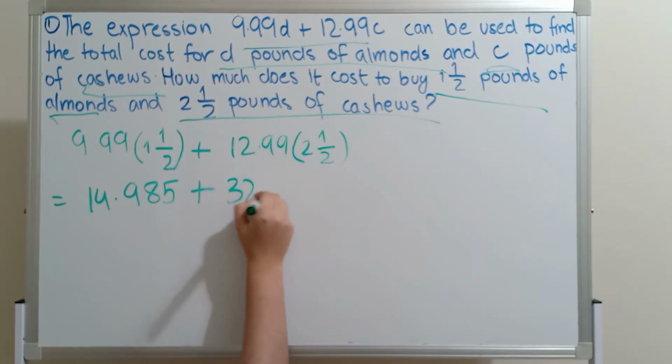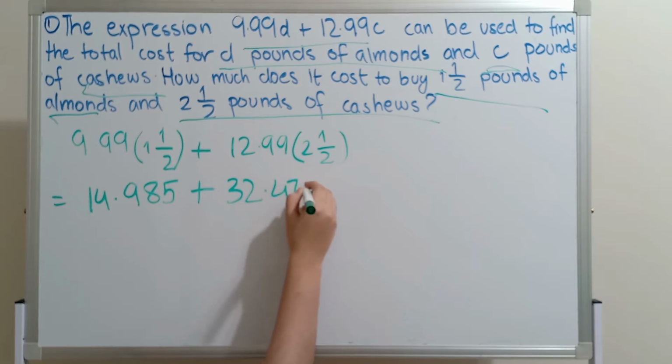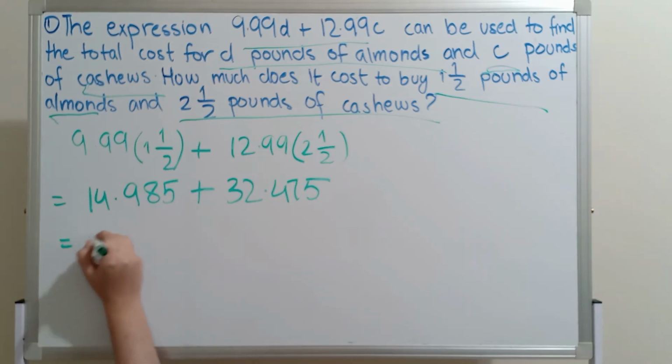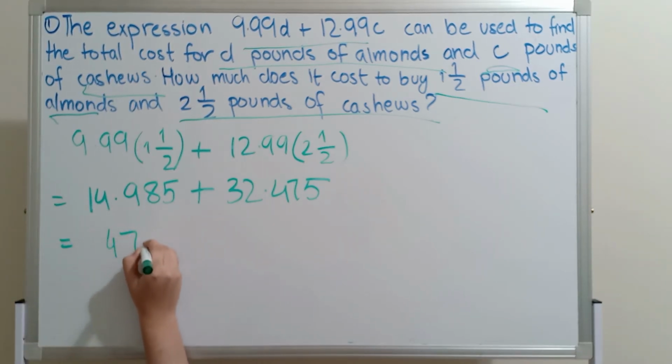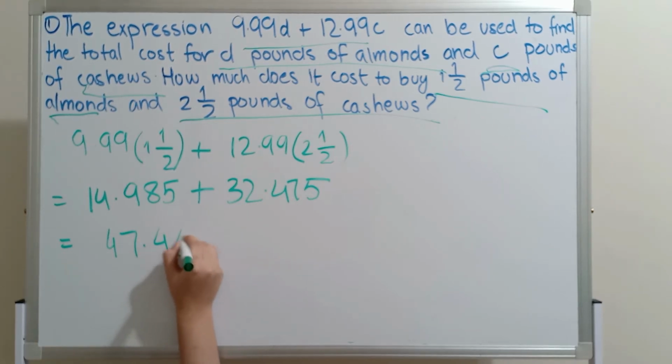Now we are left with addition. We add 14.985 with 32.475, which gives us 47.46. So that is our total cost for 1 1/2 pounds of almonds and 2 1/2 pounds of cashews.